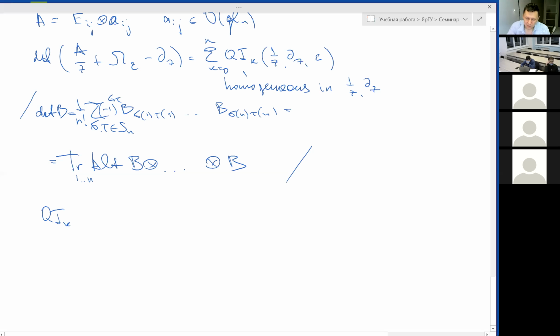It is surprisingly well defined because the relation between these two variables is homogeneous, which is not right between z and dz. So Q I K also has an expansion in epsilon, minus k minus 1 over 2 Q I K 0, 1 over z, dz, plus O of epsilon.